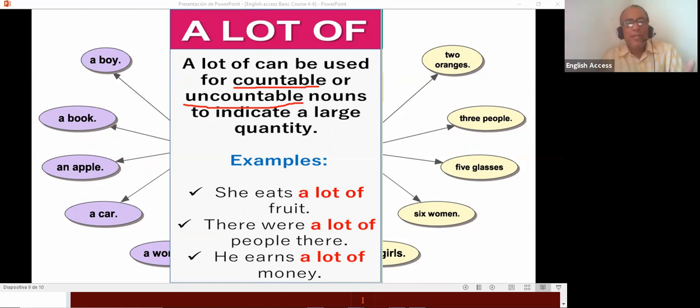Necesitamos ponerle una medida. ¿Qué medida ponemos? A bag of sugar, una bolsa de azúcar. Por lo tanto, azúcar solito es incontable. No puedo decir una azúcar. Tengo que decir una bolsa de azúcar, una taza de azúcar, una cuchara de azúcar. ¿Qué estoy añadiendo? Una medida.